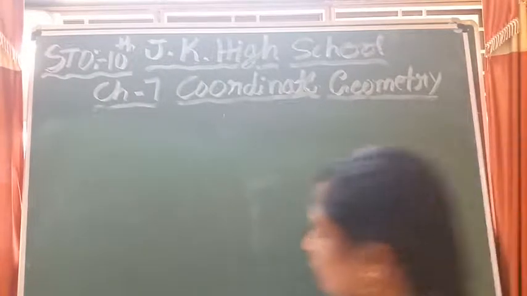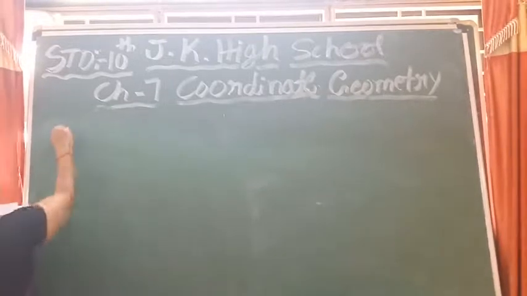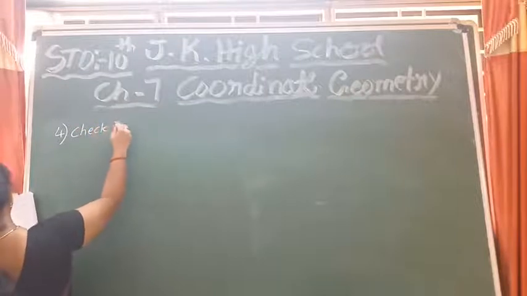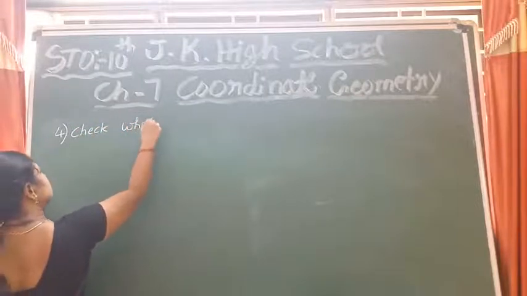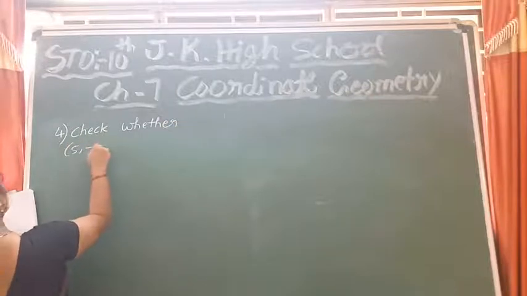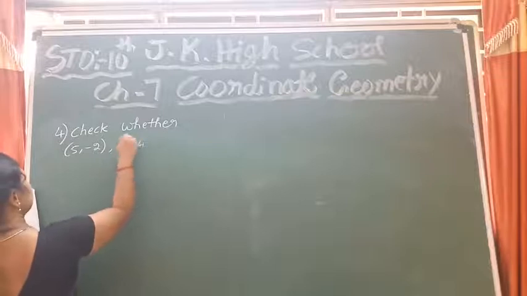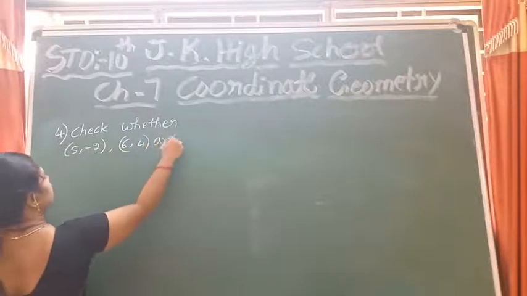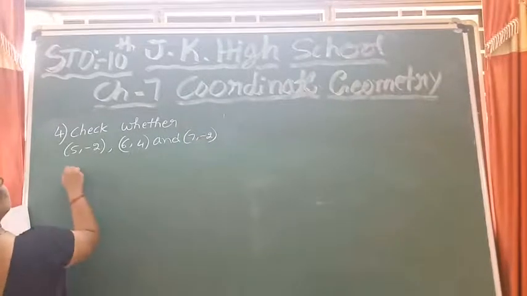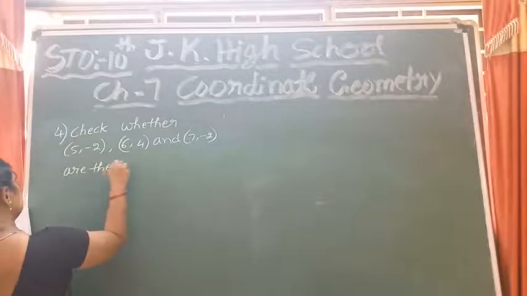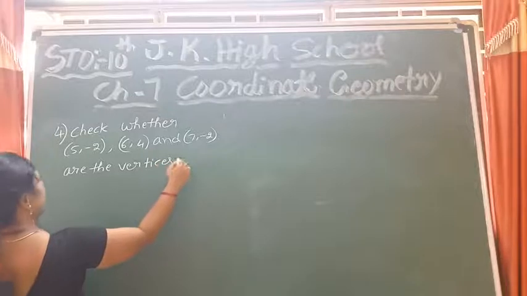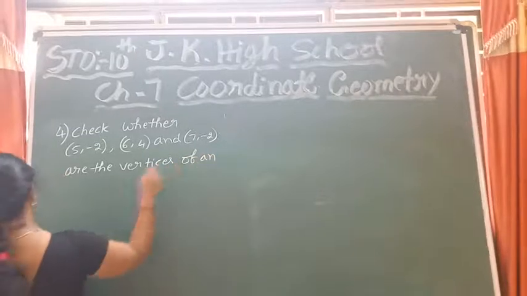Children, fourth question is to check whether (5, -2), (6, 4) and (7, -2) are the vertices of an isosceles triangle.